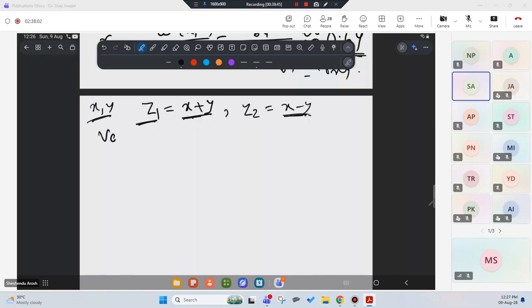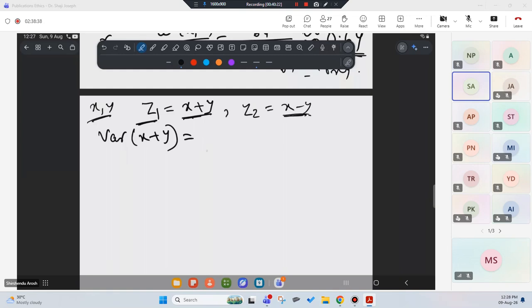So if that is the scenario, and I need to find the variance of x plus y, how can I find that? Of course, if you put it into the formula and expand this, eventually you will come up to this formula. I'm not showing the derivation, but you can keep this formula with you, because if you later go for joint probability and conditional probability situations, this is going to help you a lot.